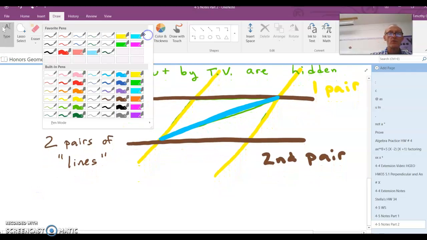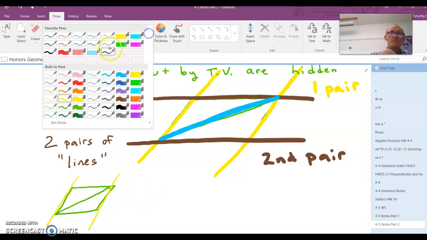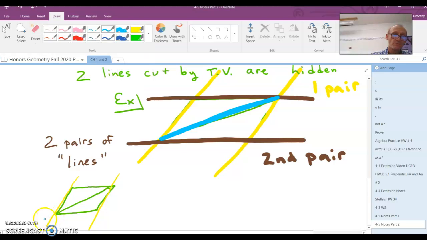So the original figure, remember, was this. The first thing we'll do is take a look at these two, and we'll take them out.